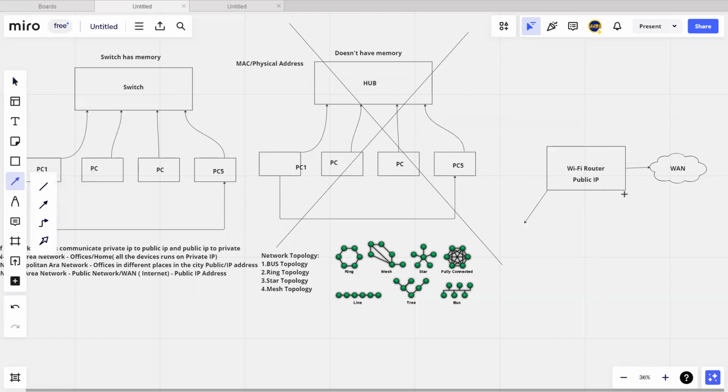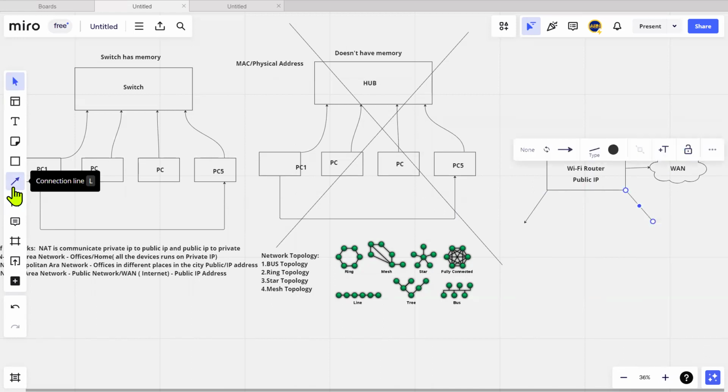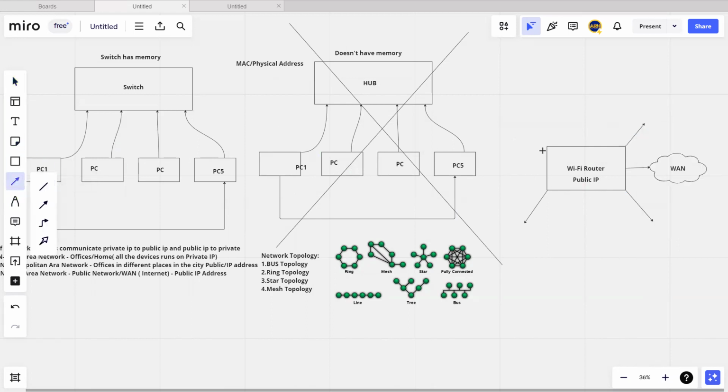Now, devices are connected to the Wi-Fi router. How are we connecting?